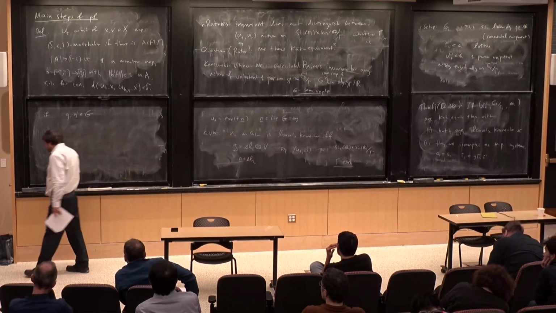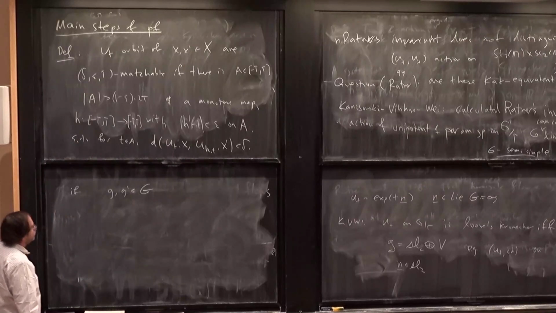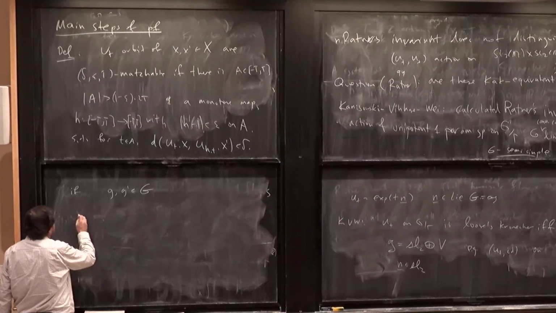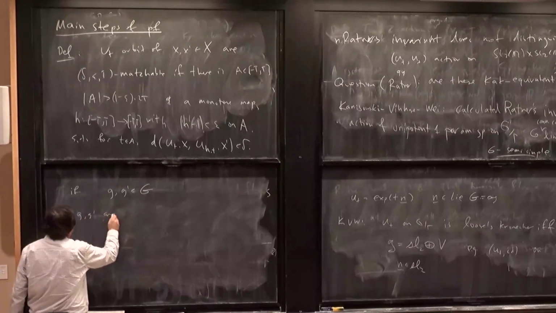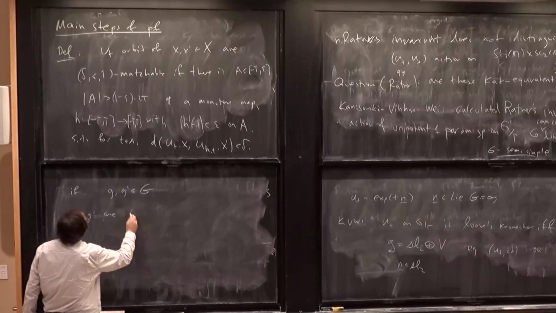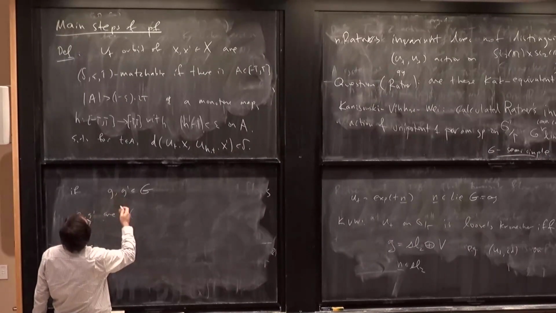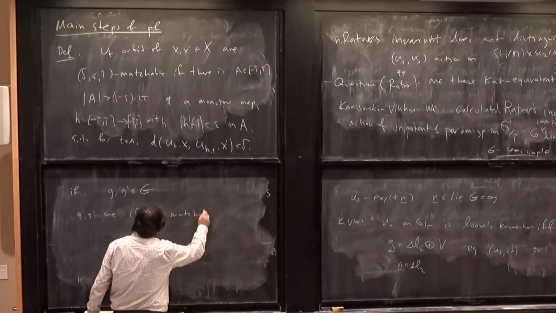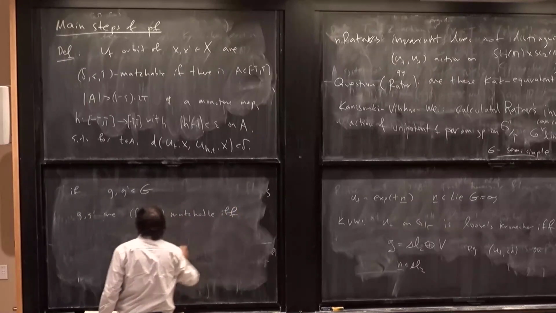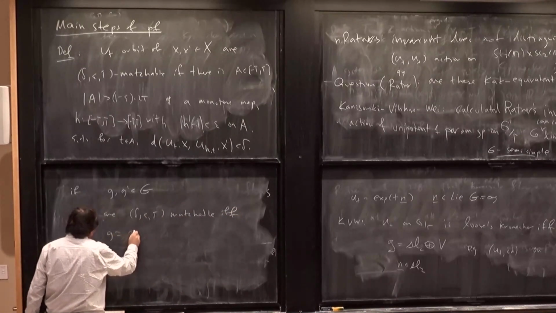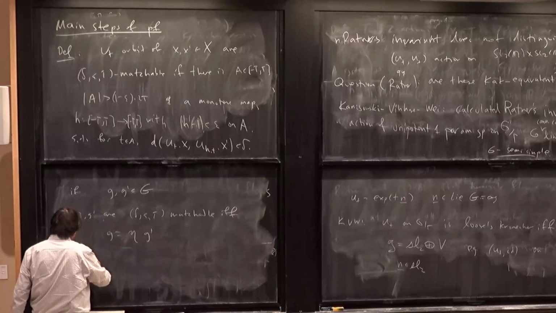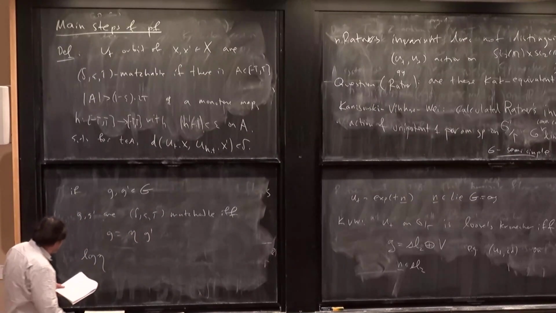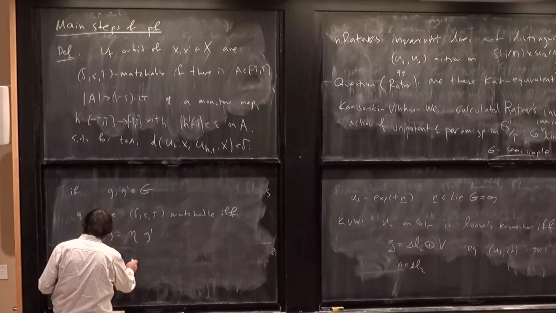So if I have two points g and g prime in a group G, that's not where the dynamics actually occurs, but the definition still makes sense. They are matchable if and only if g is equal to some eta g prime, where eta is a small element, so I can look at its logarithm, some element of the Lie algebra.